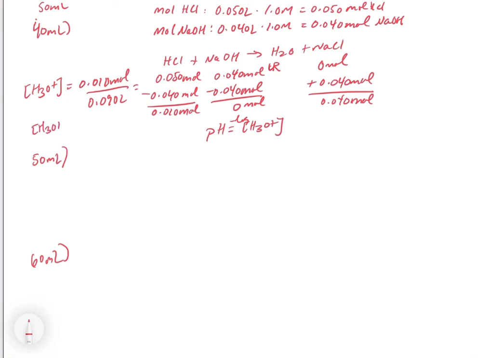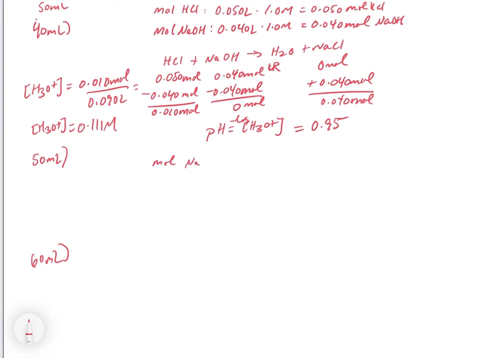And what this gives me is a concentration equal to 0.111 molar. And so my pH, if I take the negative log of that, is going to be equal to 0.95. And so that makes sense because I have an excess of HCl, my pH is going to be less than 7.